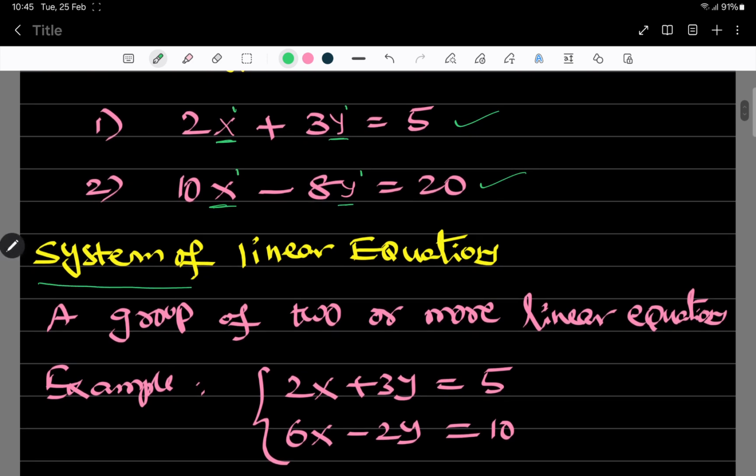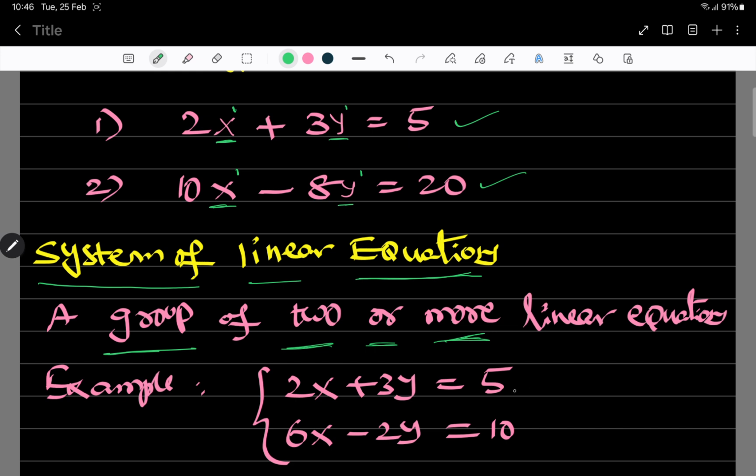Now system. What is a system of linear equations? System means a group of two or more. That means minimum two equations or more than two equations. A group of two or more linear equations together is called a system of linear equations.